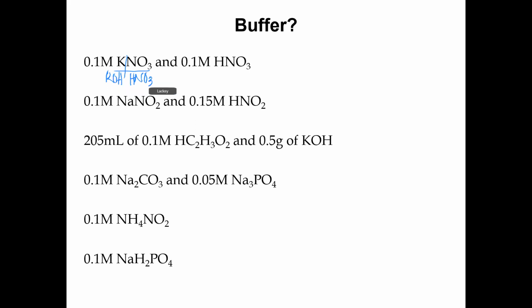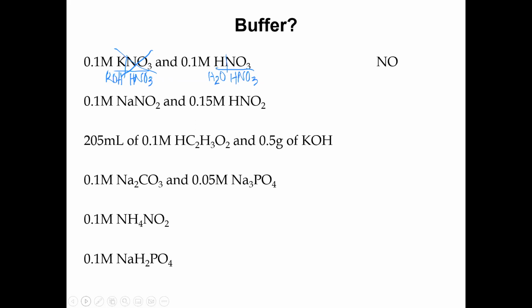Both of those are a strong base and strong acid, so that cannot absorb either because it will reionize. Looking at the nitric acid, it can react with hydroxide to make water, but then it also makes nitric acid. So it can react with hydroxide, but not hydrogen. So that is not a buffer.